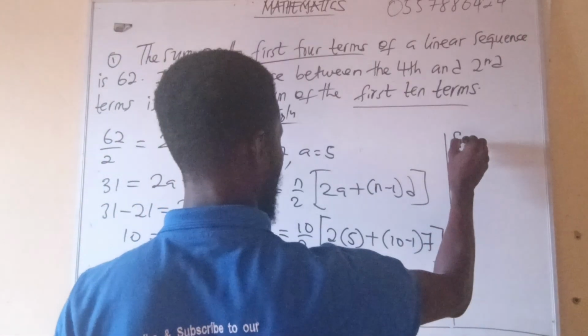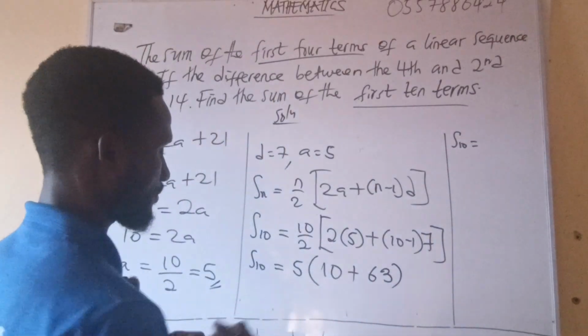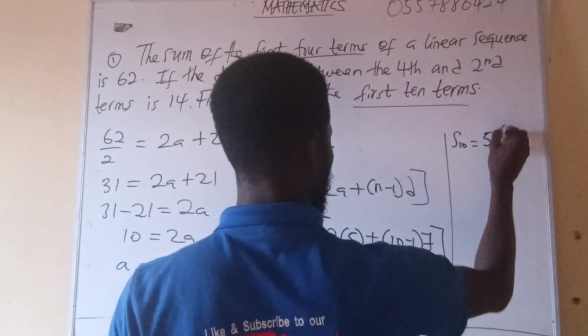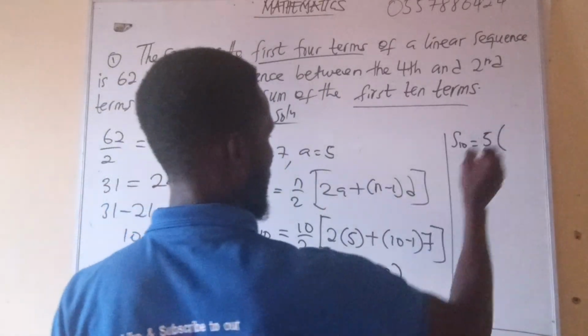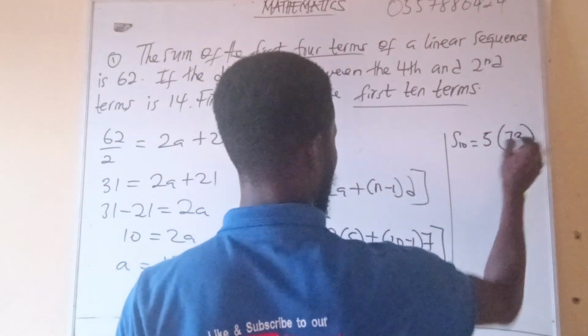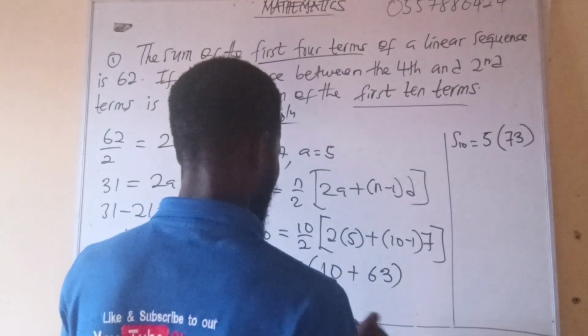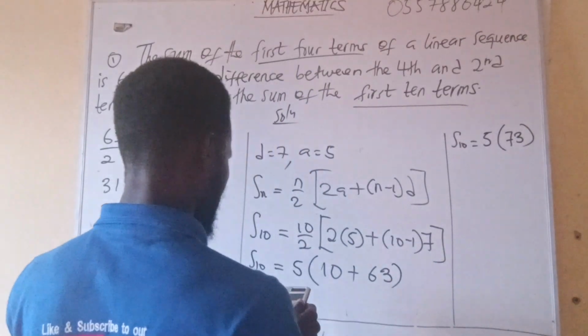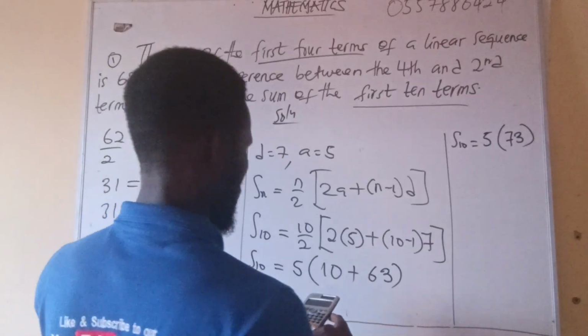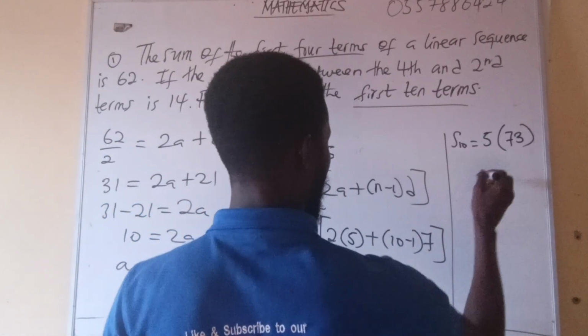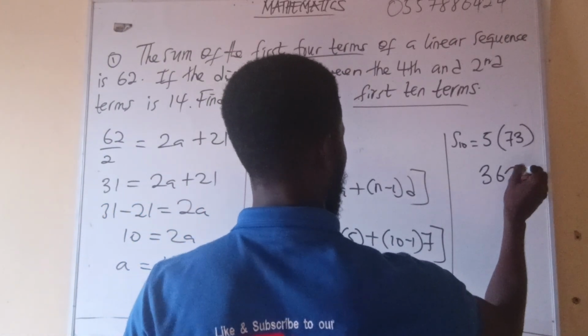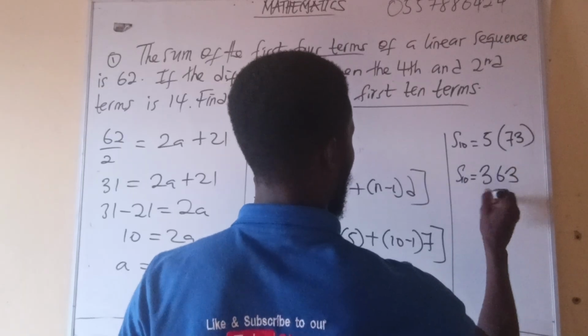So the sum of the first 10 terms will give us what? 5 multiplying 73. Now 5 times 73, then you punch the calculator nicely. 365.